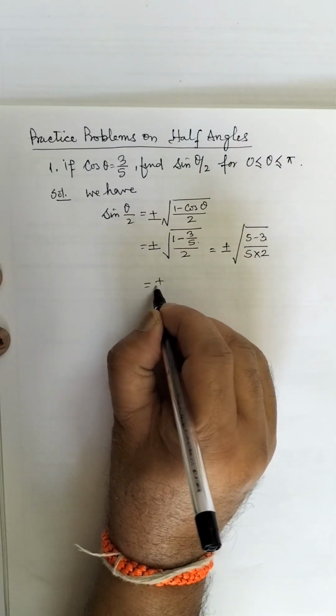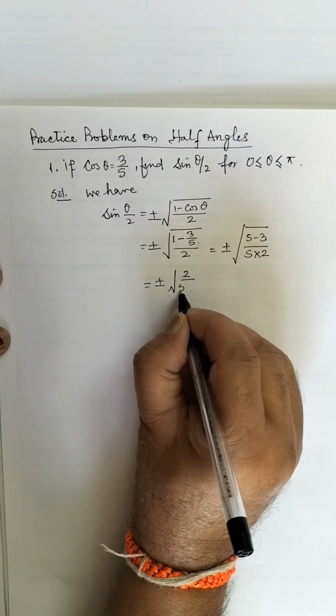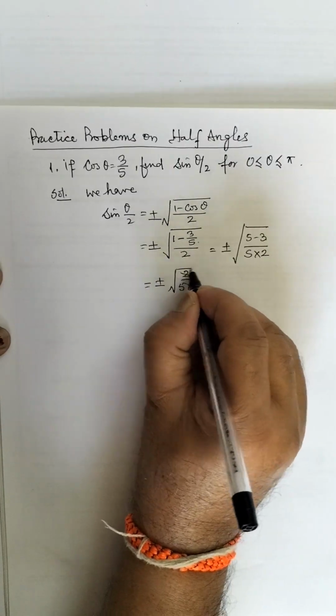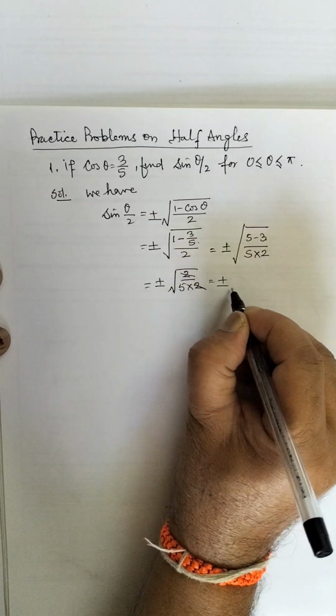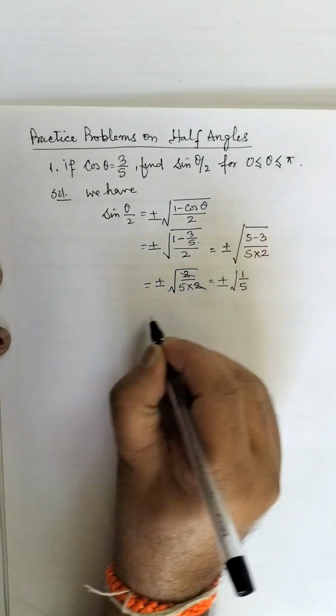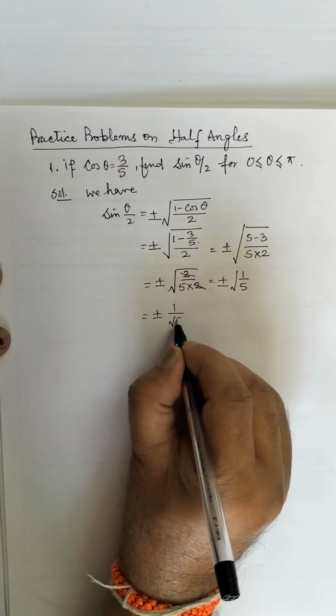This gives us plus or minus 2 upon 5 multiplied by 2. 2 cancels. We are left with plus or minus under root of 1 by 5 or plus or minus 1 on root 5.